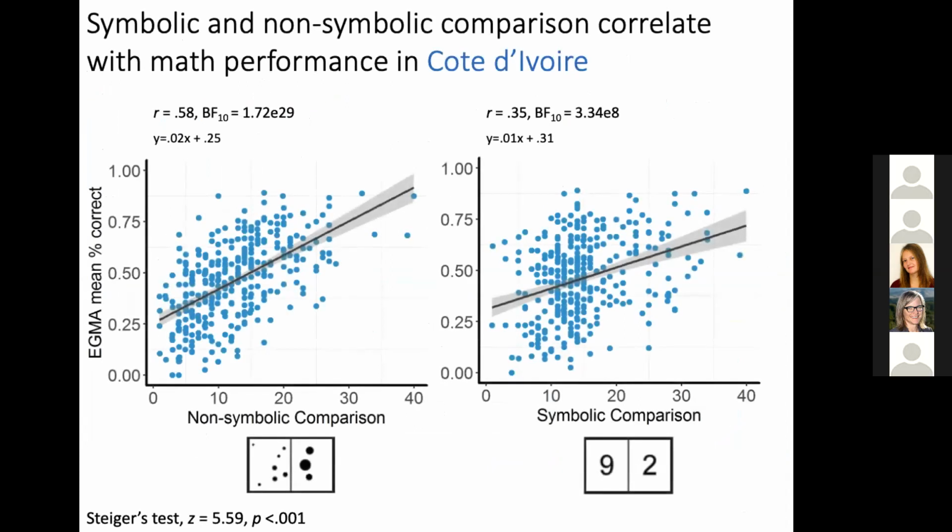And again, children showed significant correlations between the non-symbolic and symbolic comparison tasks and the early grade math assessment. This relationship was significantly stronger with the non-symbolic condition. So the relationship between the non-symbolic comparison task and early grade math assessment was much stronger for non-symbolic relative to the symbolic. So we replicated the results from Ghana here in this case.